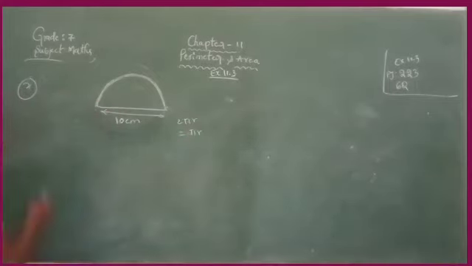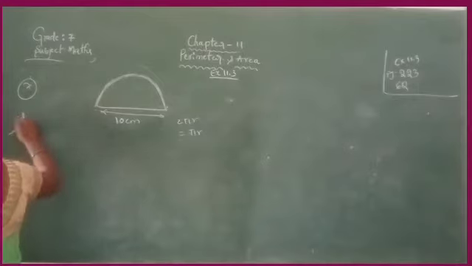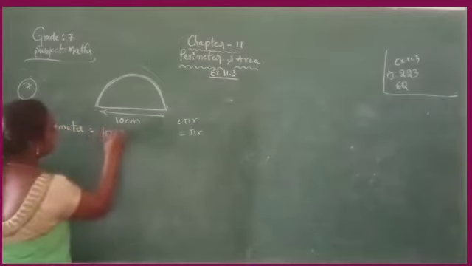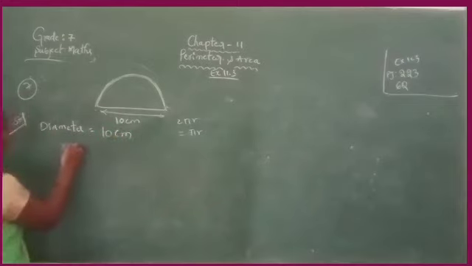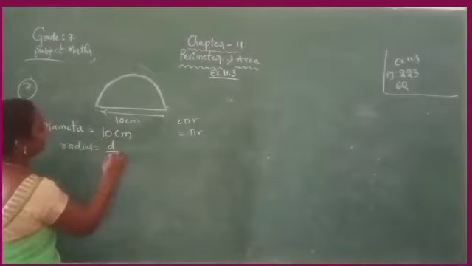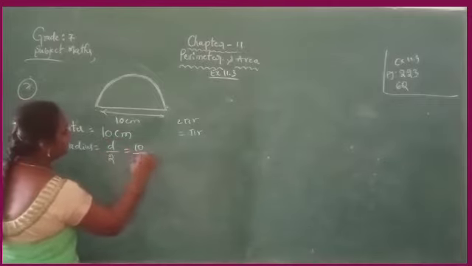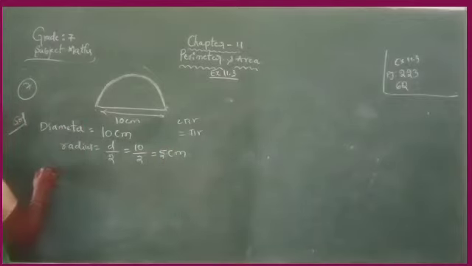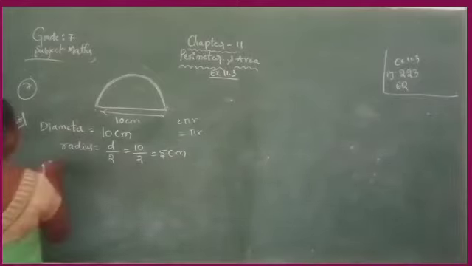Okay. Then first write given the diameter is how many centimeters? 10 centimeters, and the radius is equal to diameter by 2. That is 10 by 2 is equal to 5 centimeter. Now I am finding the perimeter of the figure.